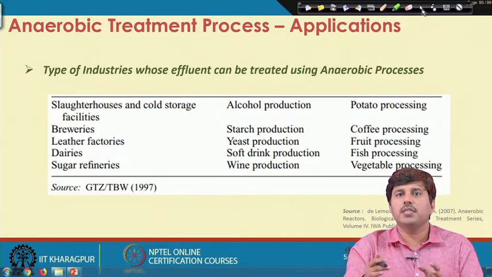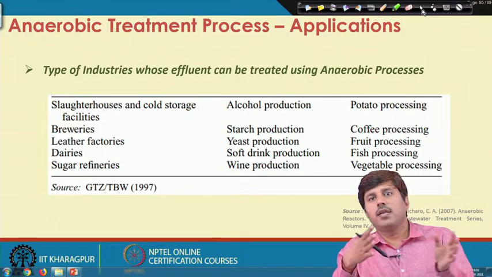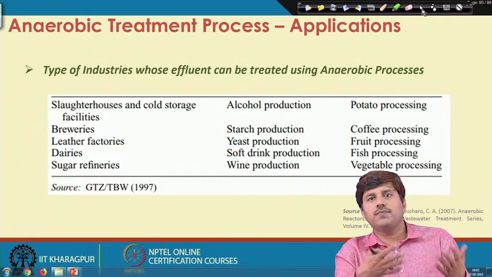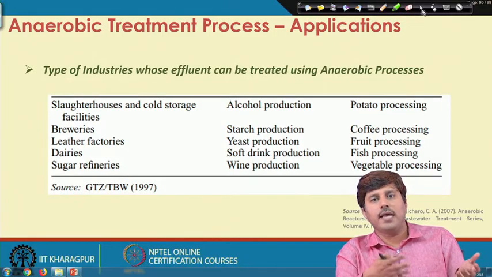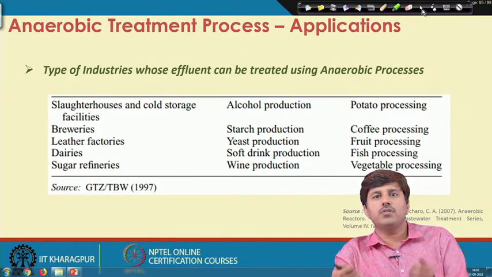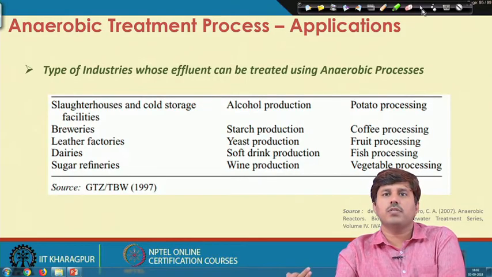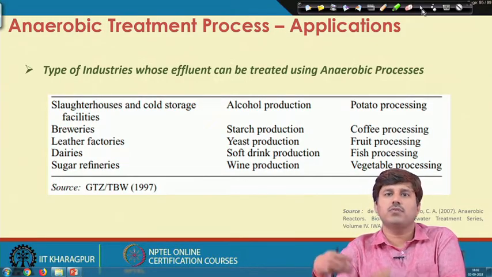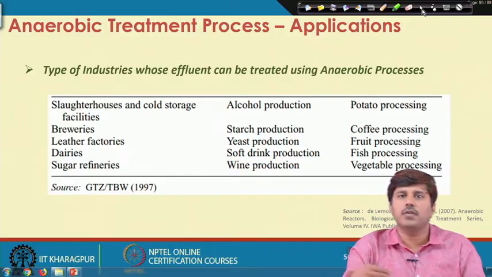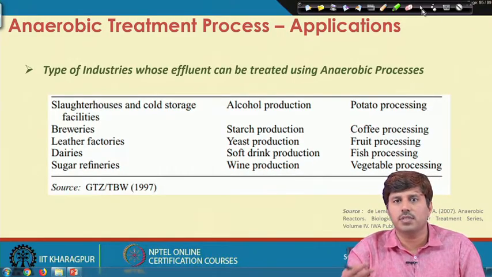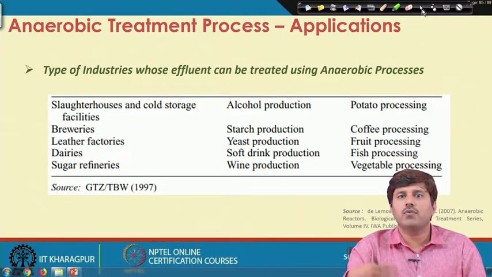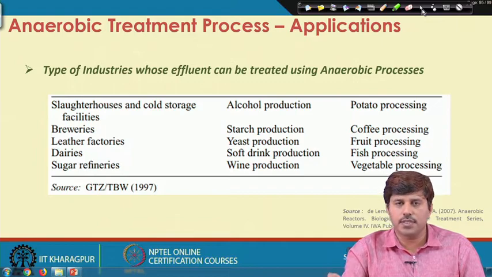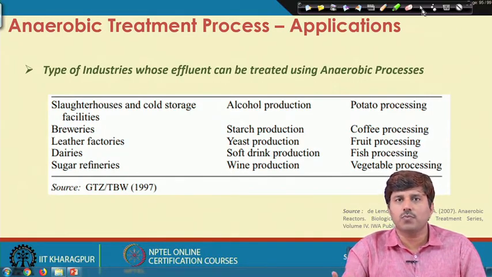So, you provide anaerobic treatment with, let us say, 60% efficiency. If your influent COD is say 1 lakh, with 60% efficiency you reduce it to 40,000, then provide another anaerobic system which can bring that 40,000 further down to say 10,000 or 8,000, 6,000, and then one can go for the other processes. So, a sequential step can also be chosen.